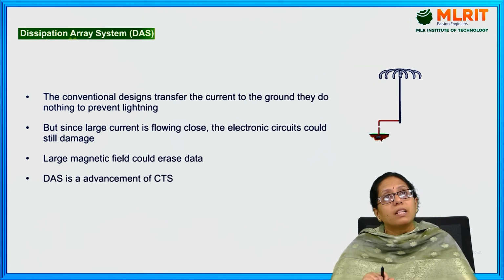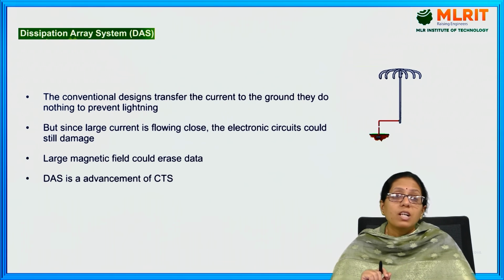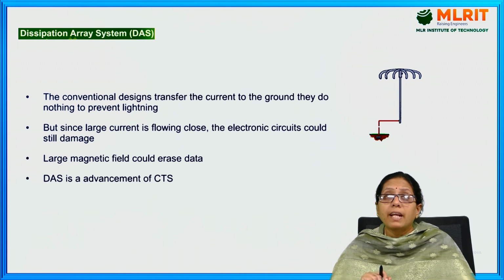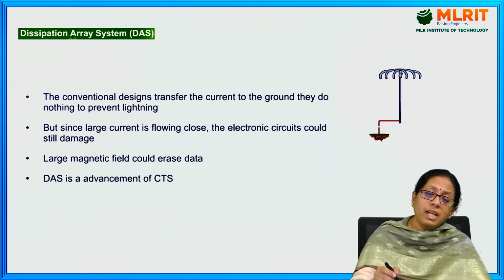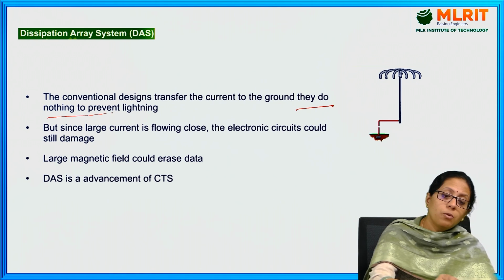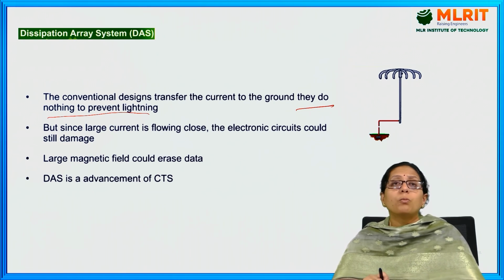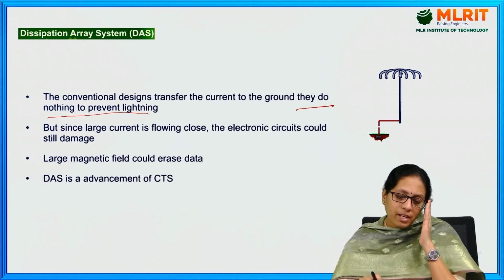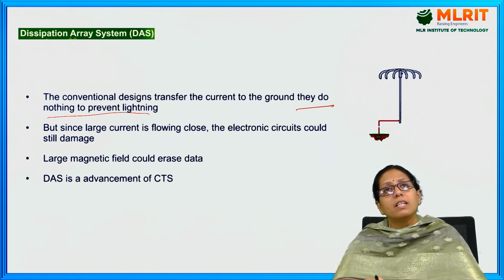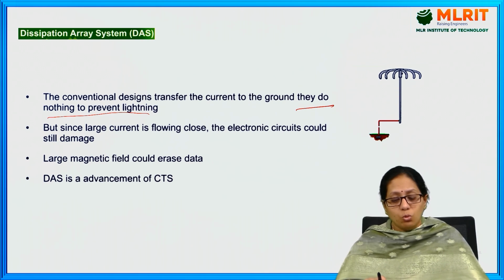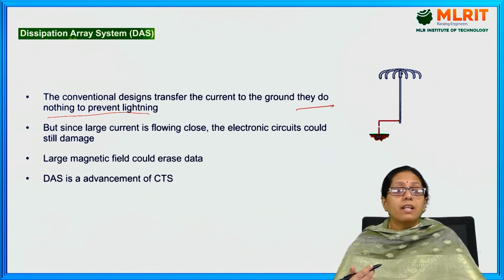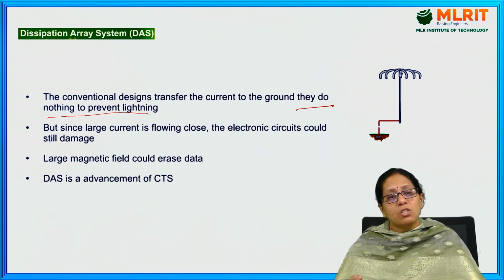This is another type, that is dissipation array system, where the conventional design transfers the current to the ground. They do nothing to prevent the lightning, but whenever the lightning occurs, the current is being flown through them, and it can reduce the damage which may occur.